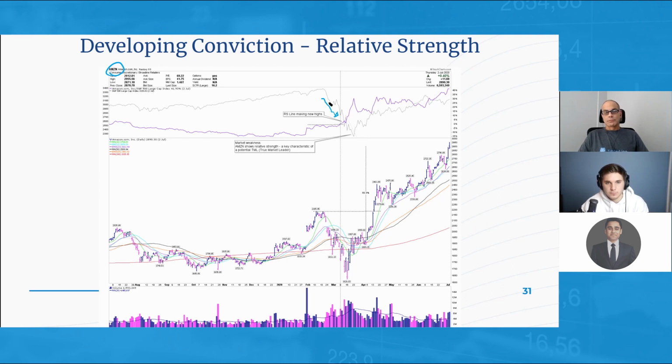And once the market is in a downtrend, what you want to be keeping track of is which stocks are bucking the trend, which stocks are holding up relatively well versus what the market is doing on a day-to-day basis. The way we visualize that is we put the RS line, which is basically a ratio of what the index is doing, which is the S&P 500, and what the stock is doing, and we divide the two numbers to get the relative strength line.